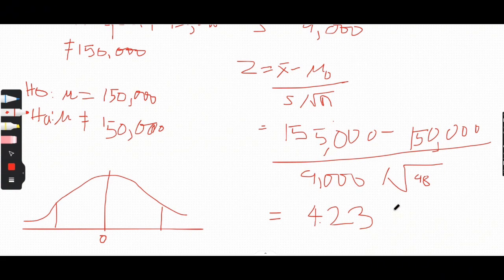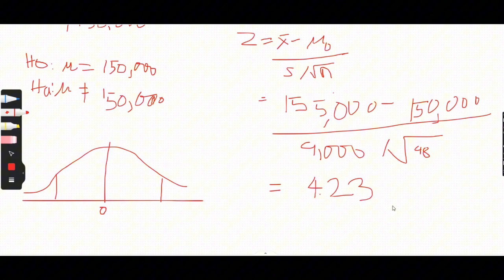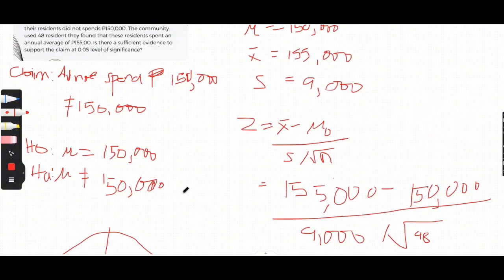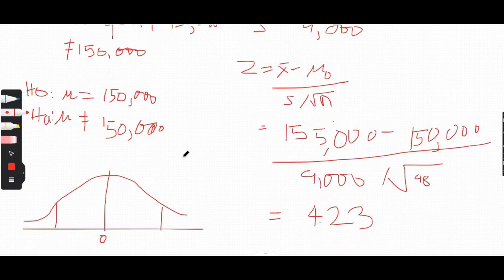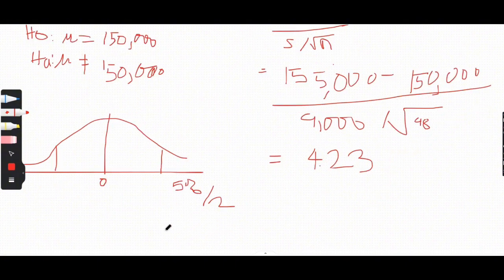Before I forget, we're going to find our z-score. The 0.05 level of significance is 5%. But since it is two-tailed, we divide it by 2, which gives 2.5 on both sides.